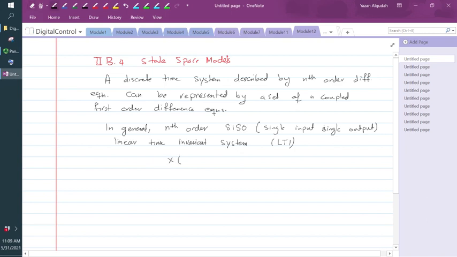X of k plus 1 is equal to A multiplied by x of k plus B multiplied by u of k, and then y of k is equal to C multiplied by x of k plus D multiplied by u of k.